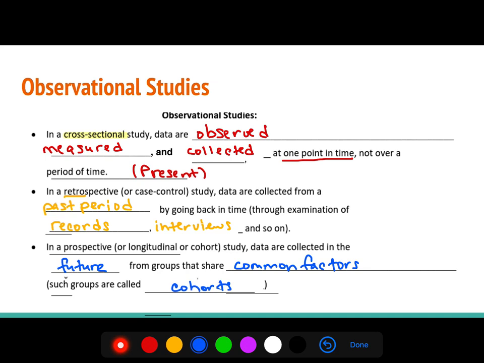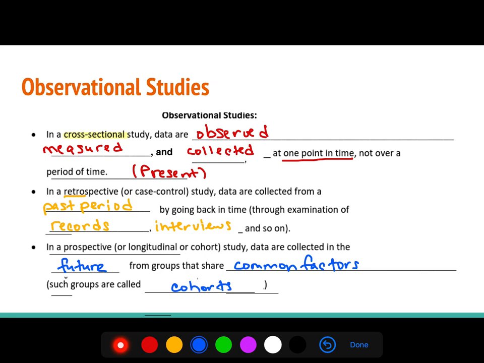A present one would be kind of like I mentioned, that anthropologist goes down to South America, looks at the tribe, maybe observes a few things, measures, collects a little bit of data, and leaves. That's it. Now, a past or retrospective study is kind of like somebody's looking, we've been talking a lot about race in our country and slavery especially.